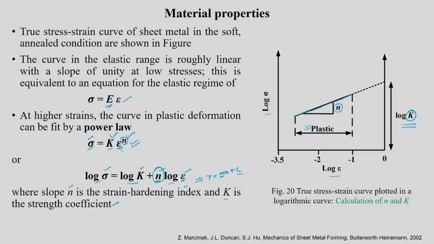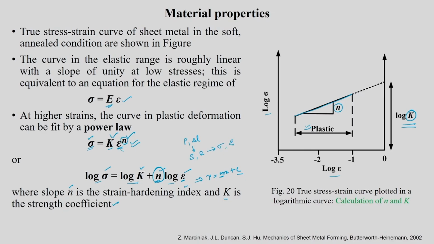Once you have the true stress strain behavior done, you have the load displacement graph, from that you get S versus E, the engineering stress strain graph, and from there the sigma versus epsilon true stress strain graph.